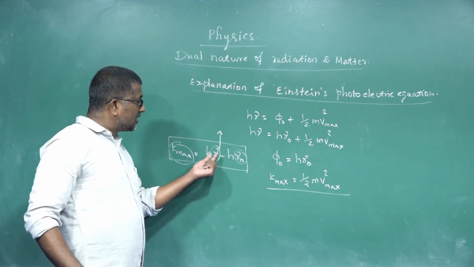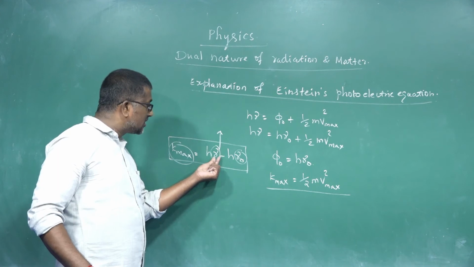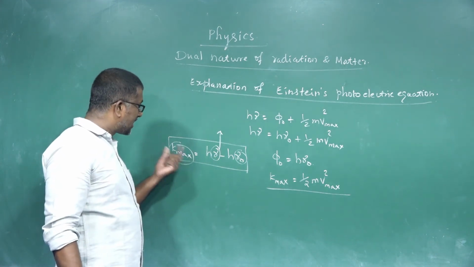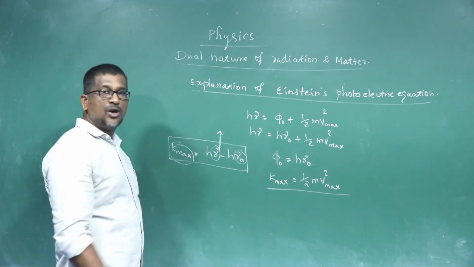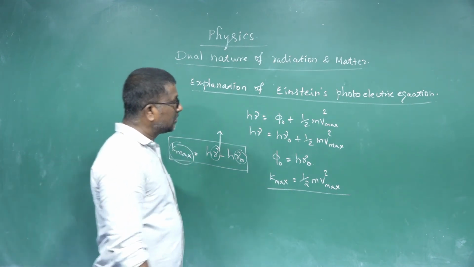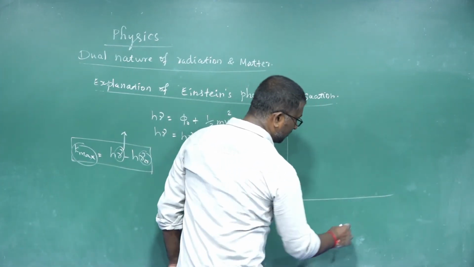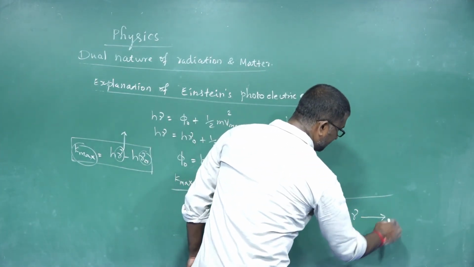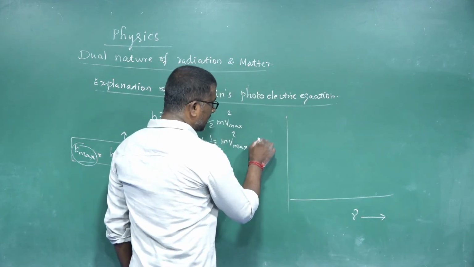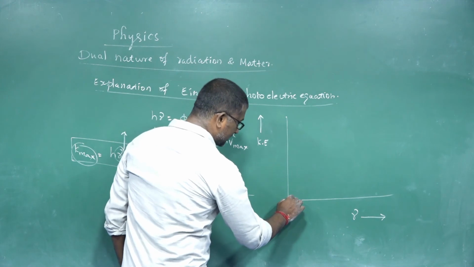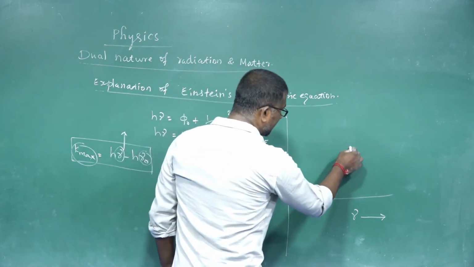So, taking different values of frequency along the x-axis, and the corresponding kinetic energy of the emitted electron along the y-axis, by drawing a graph we can get a graph like this.